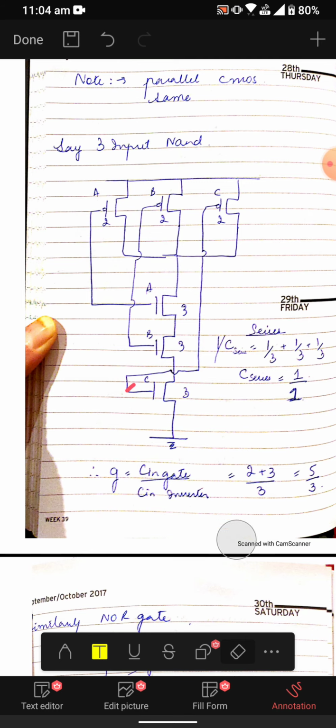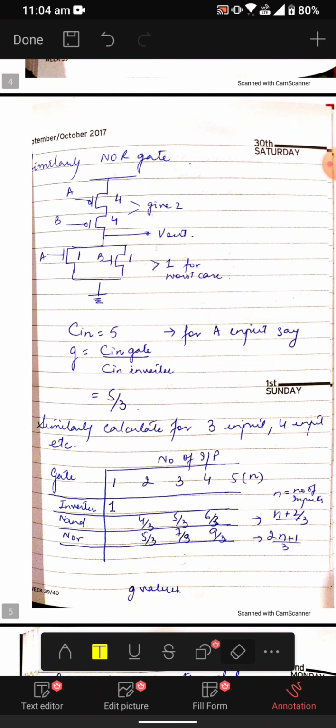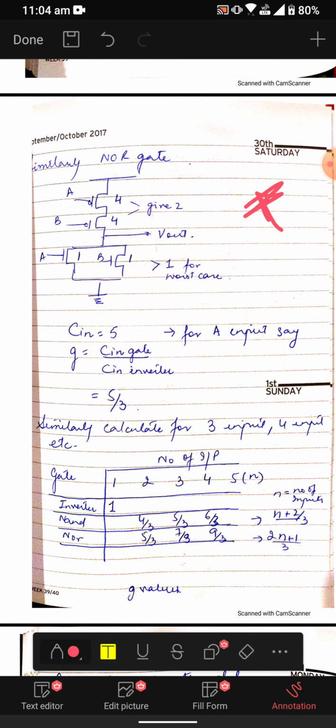Okay. Now let's take the example of NOR gate. आपका 2 input NOR gate मैंने बनाया हुआ है. Sizing is simple. We have you know that. Now simply आपको क्या करना है? You have to calculate the ratio of C input for the gate for a particular input, and you have to take the ratio with respect to the input capacitance of the inverter.